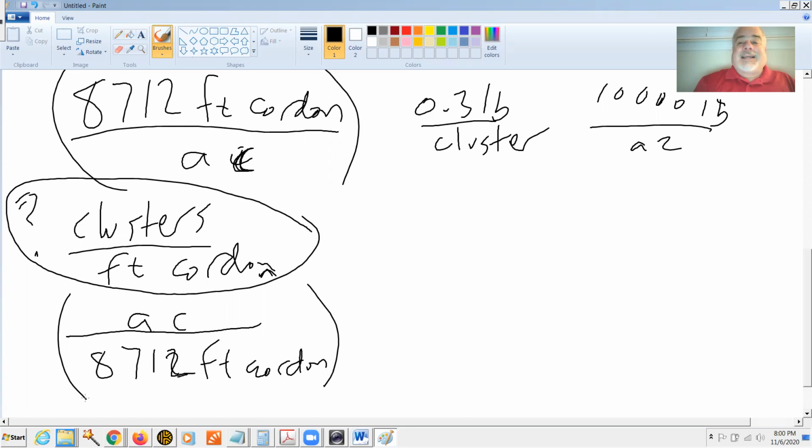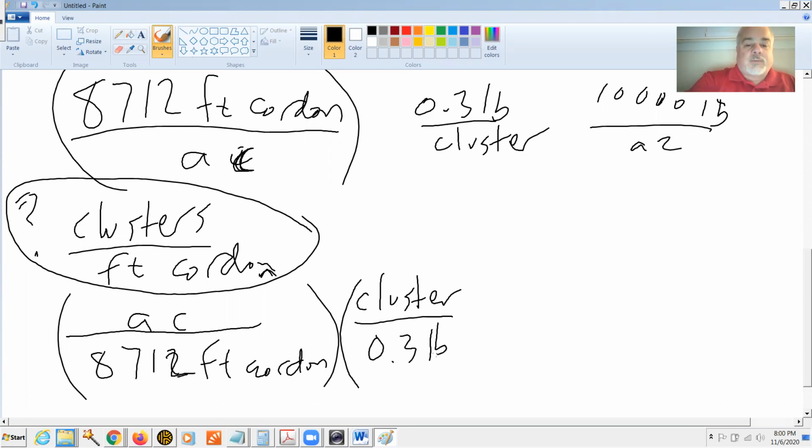And I need clusters in the top. Well, I know that each cluster weighs 0.3 pounds.